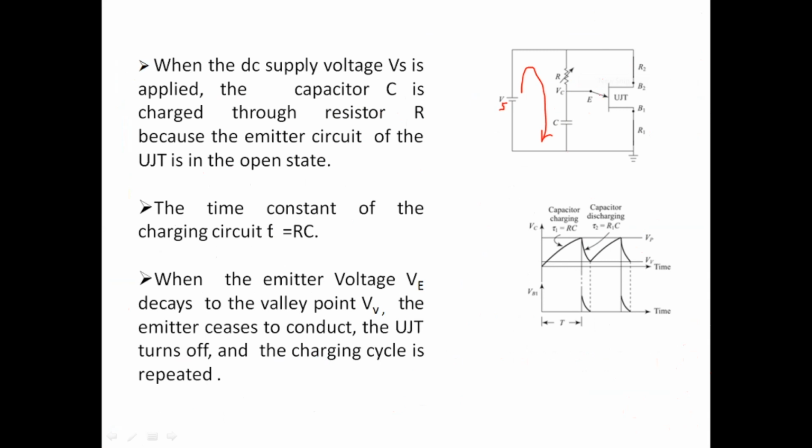The diode I showed earlier, inside the slab, is reverse biased. So the capacitor is charging through resistor R. How fast the capacitor charges depends on the value of R; we will decide that later.